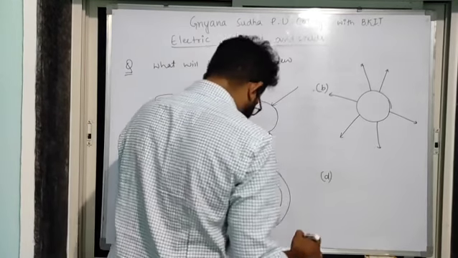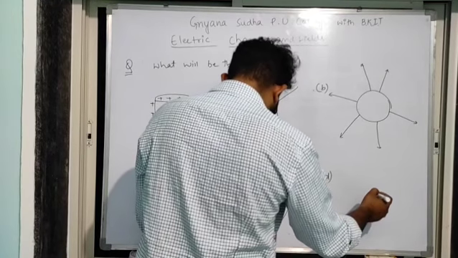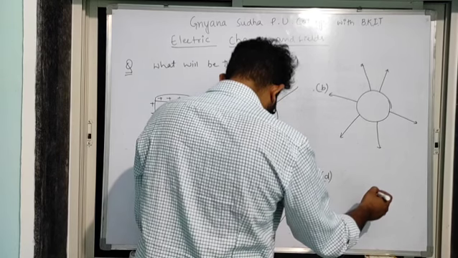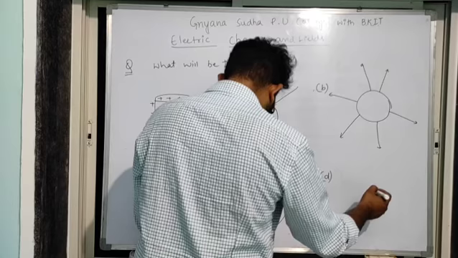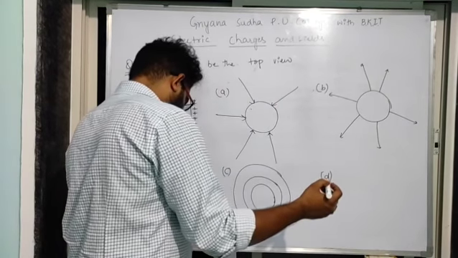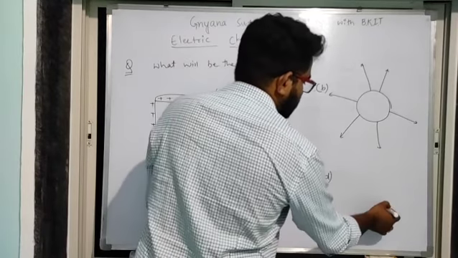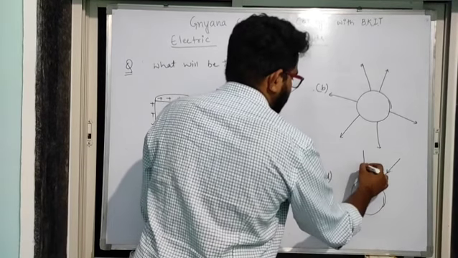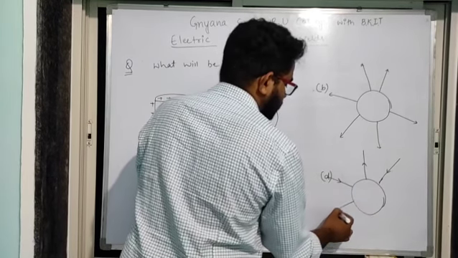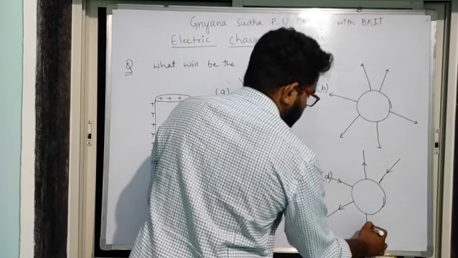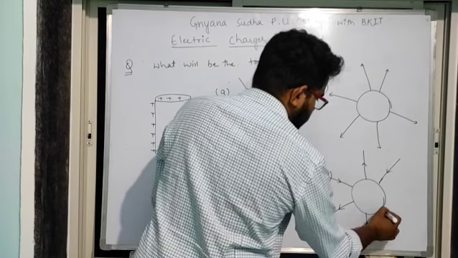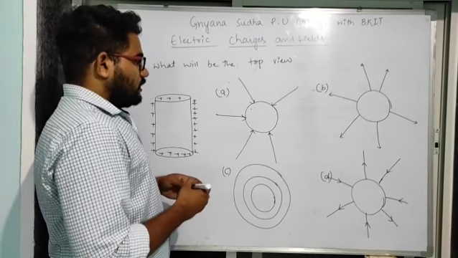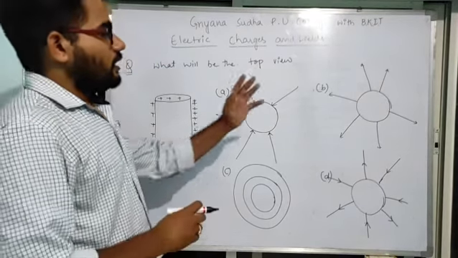Fourth option. Here one is coming inwards, one is going outwards, one is coming inside, another one is going outwards. Like this.